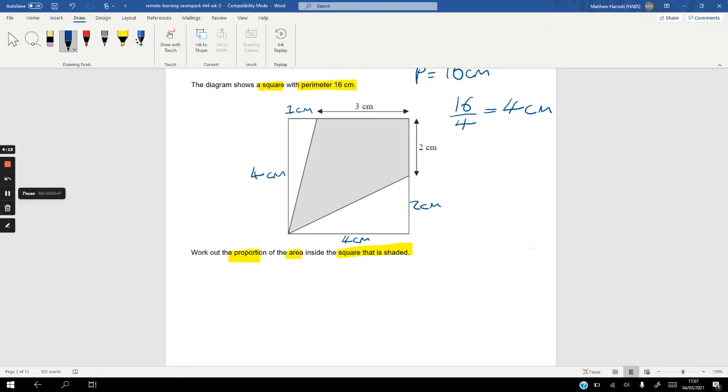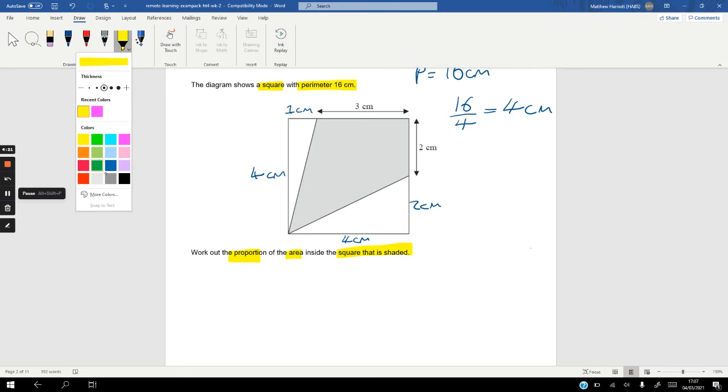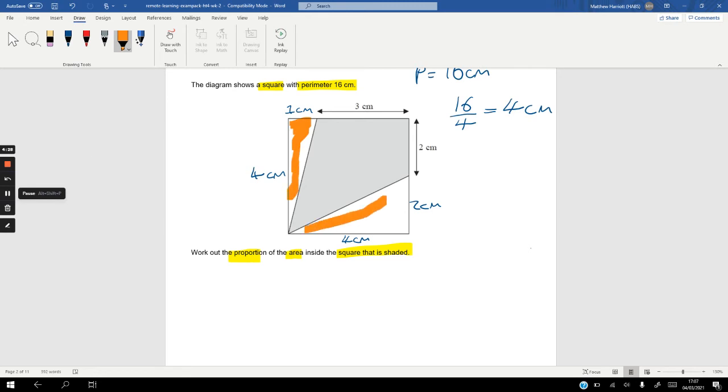We could try and cut this into shapes that we understand and know, but if we have a shaded shape, we're always looking for what part of the shape we can cut away. I can cut away this triangle and this triangle, and when I cut them away, I'll be left with the shaded area.